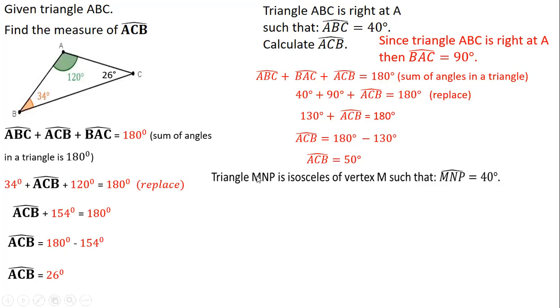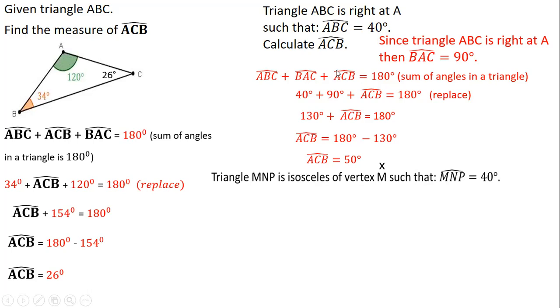Now, triangle MNP is isosceles of vertex M such that angle MNP equals 40 degrees. Whenever I read isosceles of vertex M, in the name of the triangle, the special vertex is M. Because I'm talking about angles here, I should specify the equal angles.